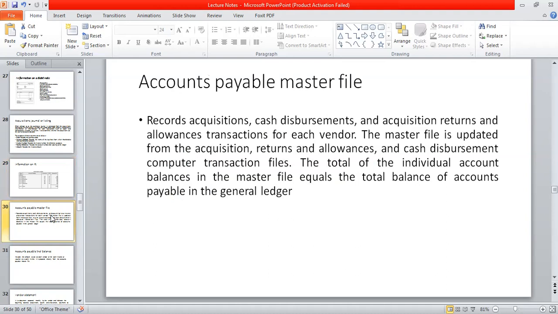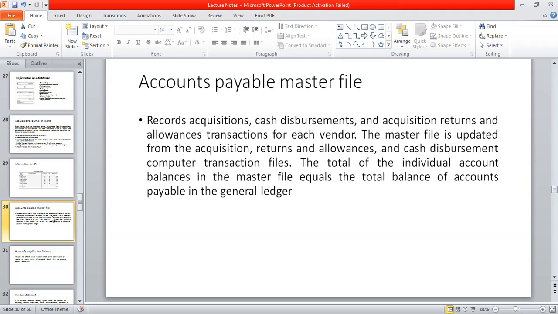Another document is the accounts payable master file. This records acquisitions, cash disbursements, and returns and allowances transactions for each vendor. The master file is updated from the acquisition, returns and allowances, and cash disbursements computer transaction file. The total of the individual account balances in the master file equals the total balance of accounts payable in the general ledger.